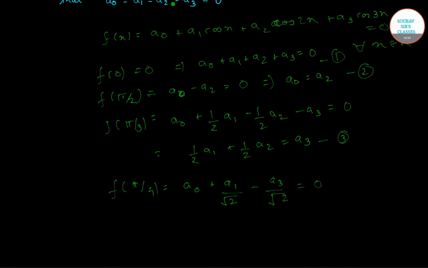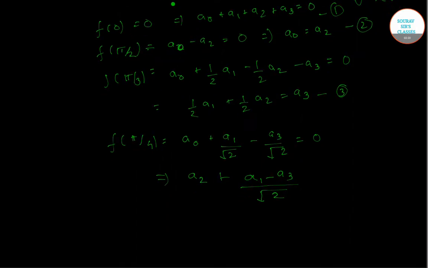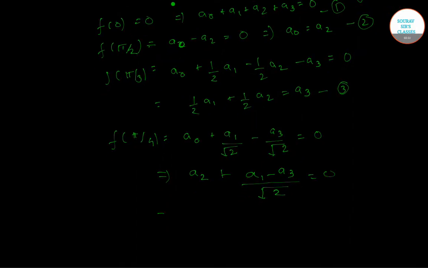Now since our a0 is equals to a2, this will imply a2 plus a1 minus a3 divided by root 2 is equals to 0, or this implies our a2 is equals to a3 minus a1 divided by root 2. Let us denote this as our equation number 4.